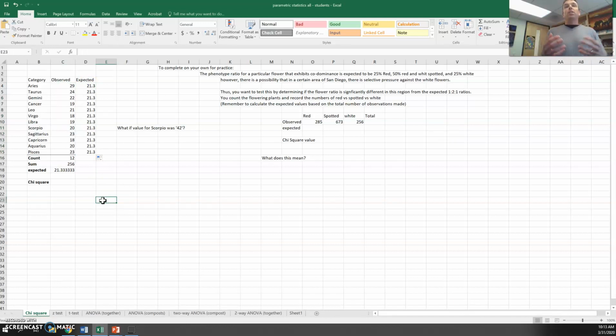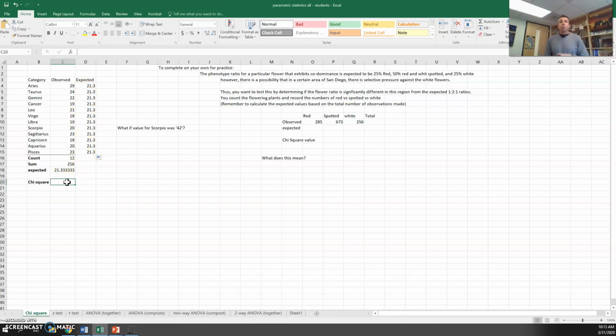I would expect there to be an even distribution of people that are Aries, Taurus, Gemini, and so forth. So of my total number of people divided by the 12 different time frames, I would expect 21.3 to be in each of them. Obviously you can't have 1/3 of a person, but this is statistics. That's this number divided by 12. That's what I would expect.